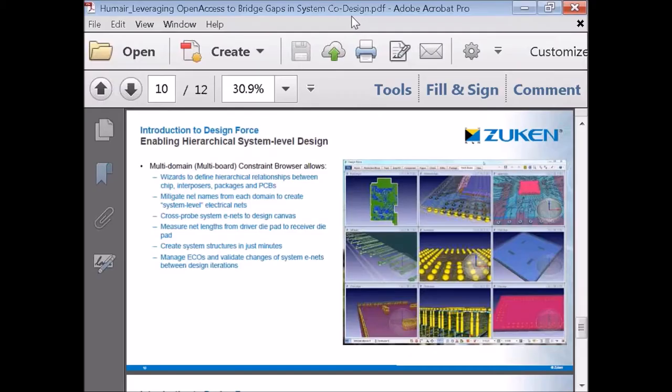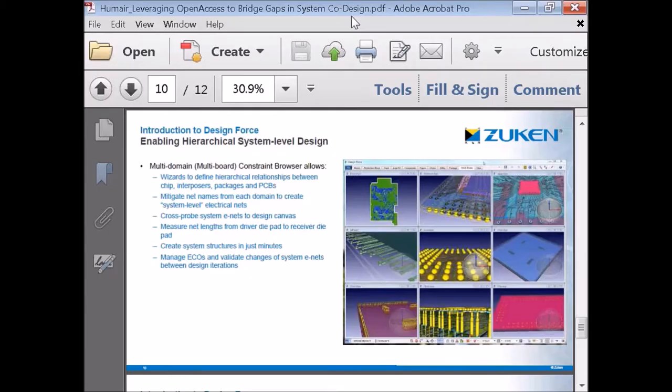So what I had here as an example was really just showing, on the right side, a picture where you have PCBs, several packages, interposers, and chip data. Actually, these ICs also include TSVs, and the video articulates how we have a wizard that allows you to go through and define the connectivity and the relationship, because as you know, what we label for signal nets on chip data versus a package or a board are just completely different.